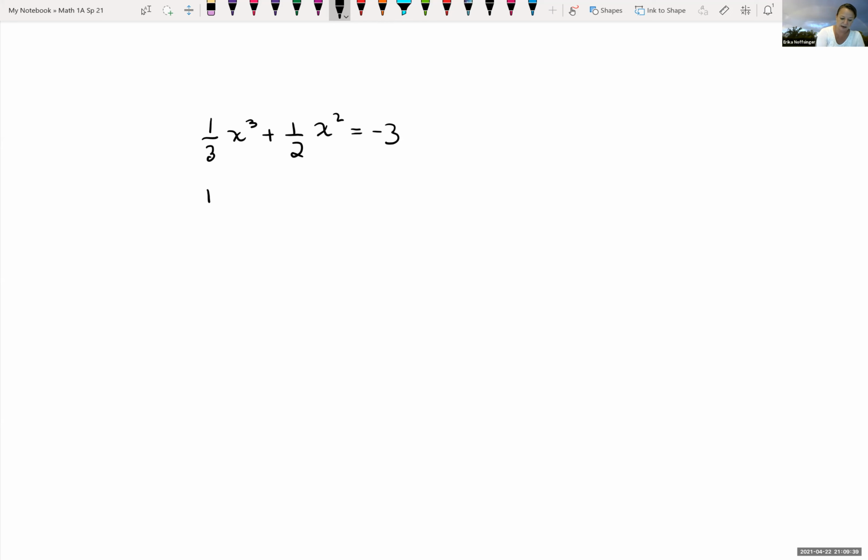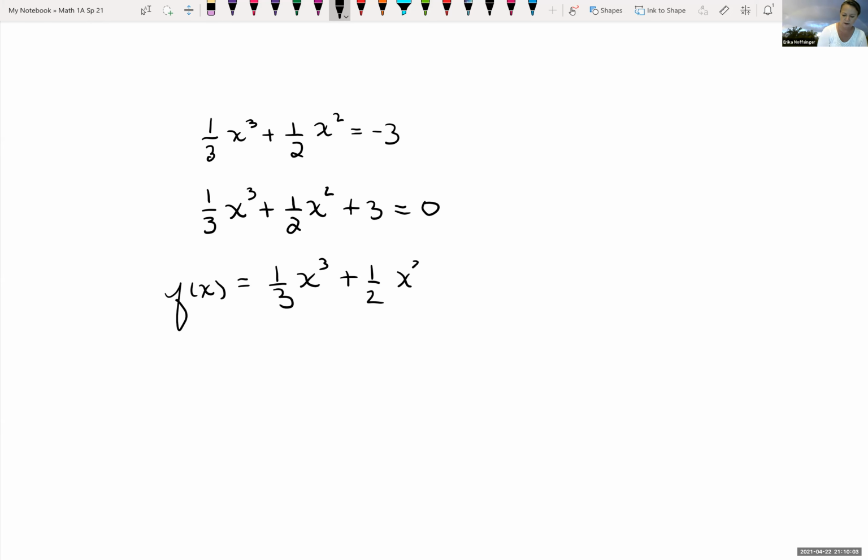That would be 1/3 x cubed plus 1/2 x squared plus 3 equals 0. So we're trying to find out where this is crossing the x-axis. We could choose f of x to be this function, 1/3 x cubed plus 1/2 x squared plus 3.